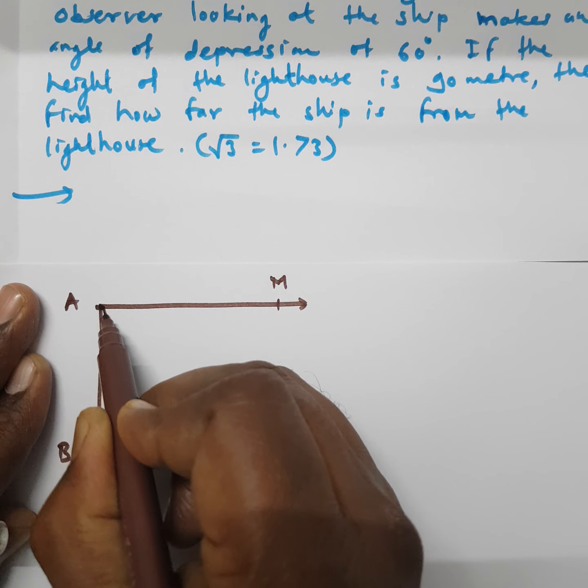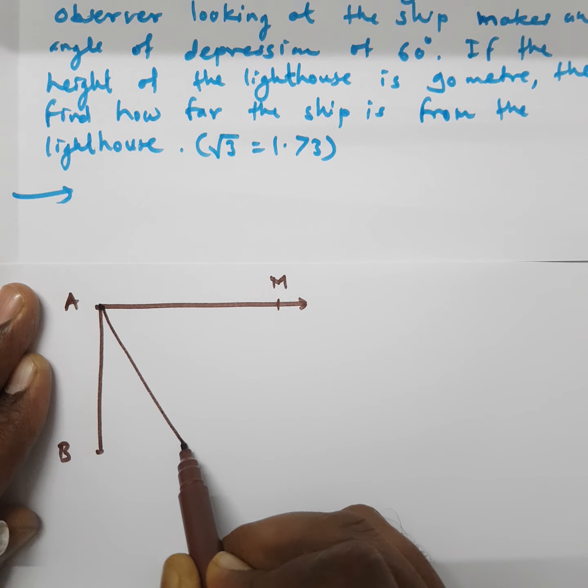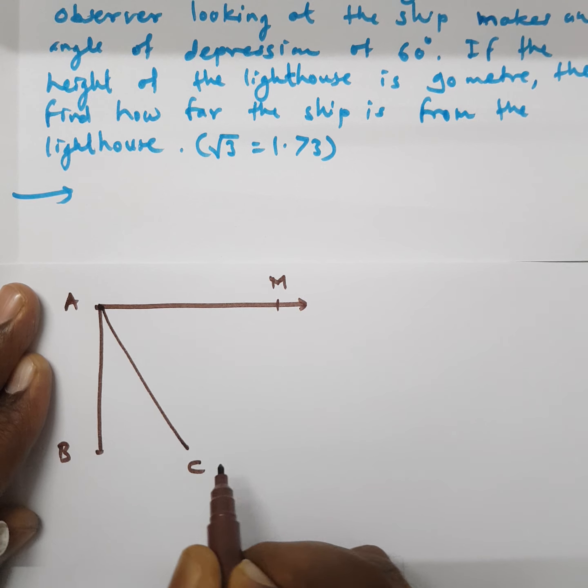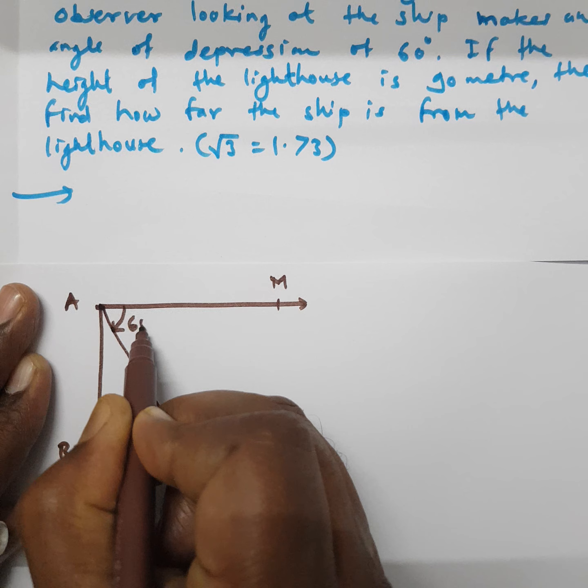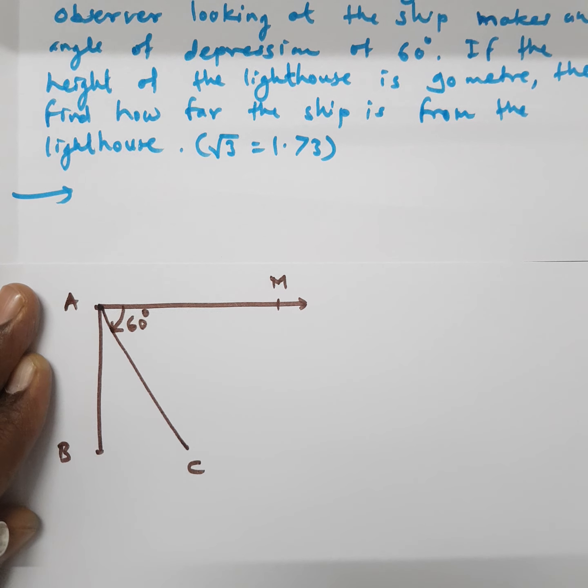Here suppose ship is at point C, then this will be angle of depression, and this angle of depression is 60 degree.